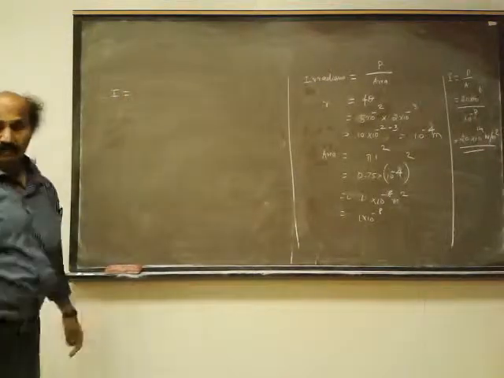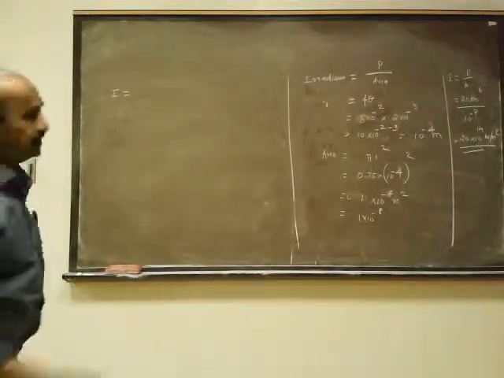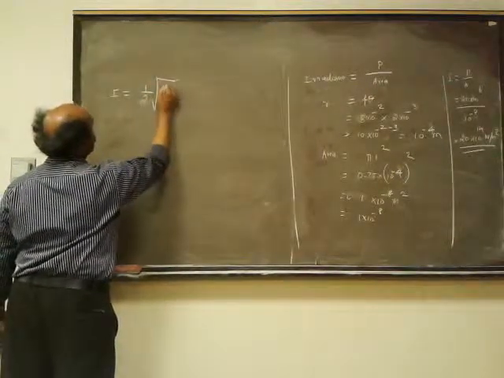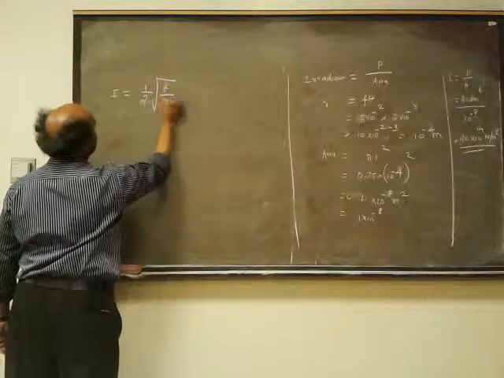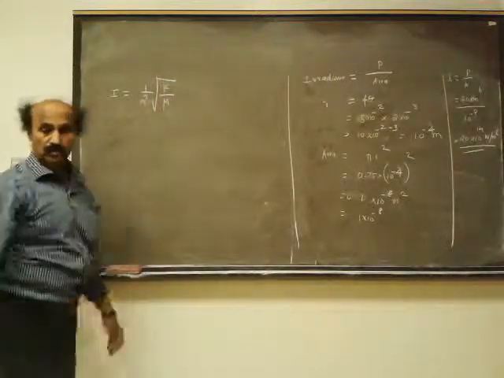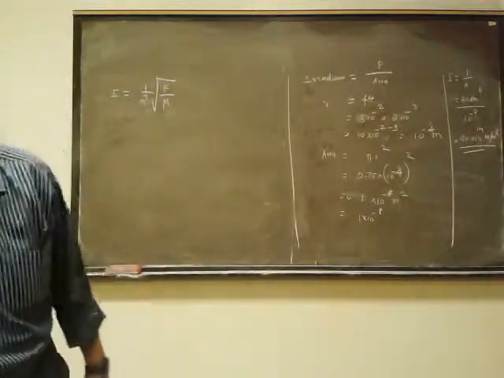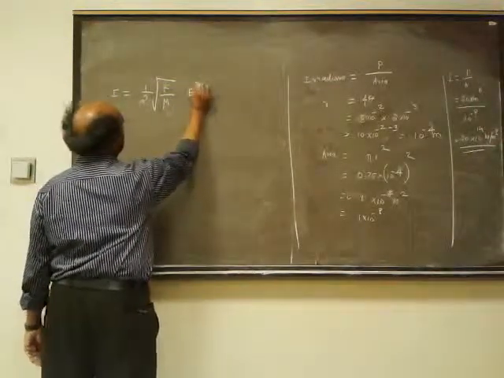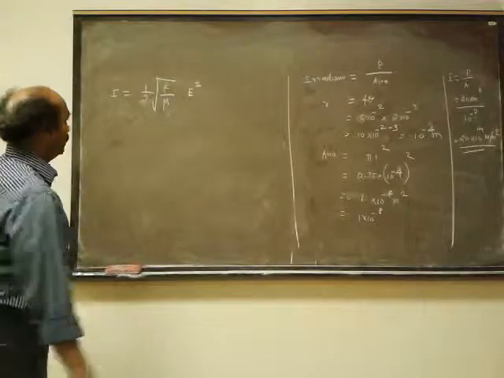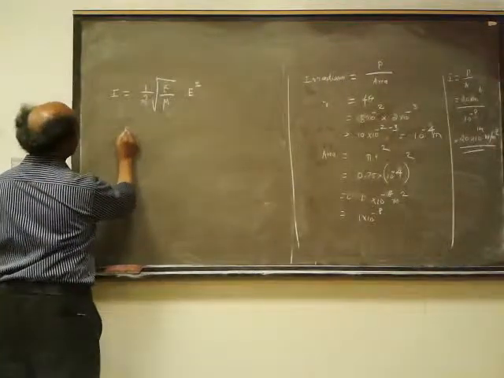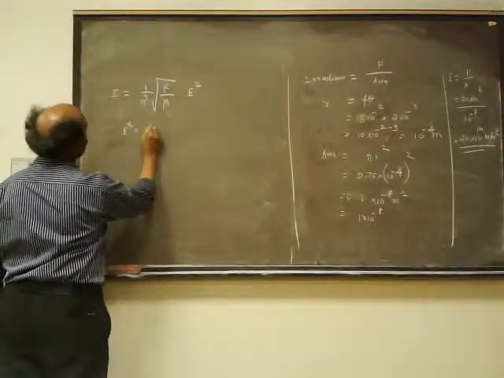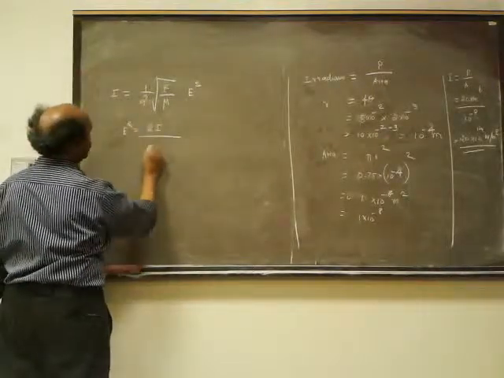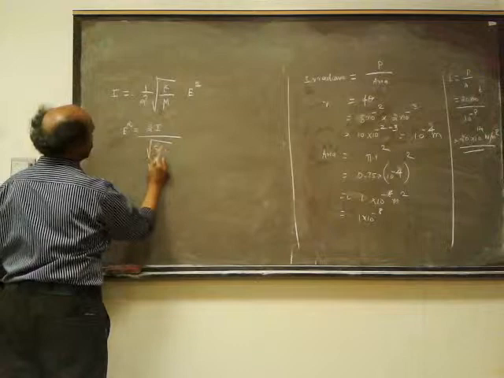Note down this rule. Irradiance is defined as 2 epsilon by mu, epsilon by mu E square. So E square will be 2I divided by root of epsilon by mu.